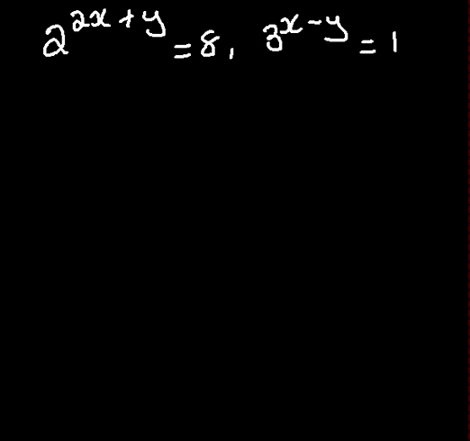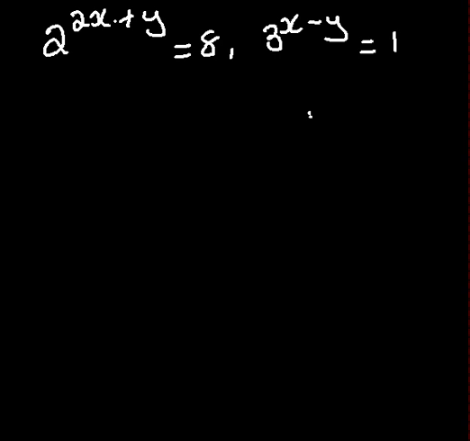So here we go. We have the first equation, which is 2 to the power 2x plus y, which is equal to 8. Now we first have to simplify the equation. How should we simplify it?